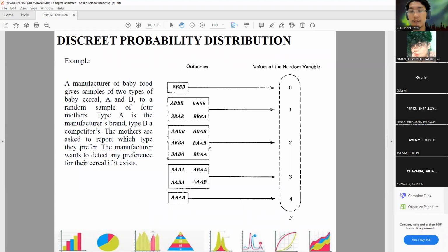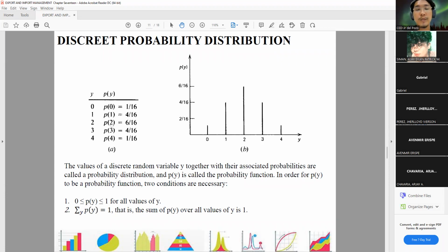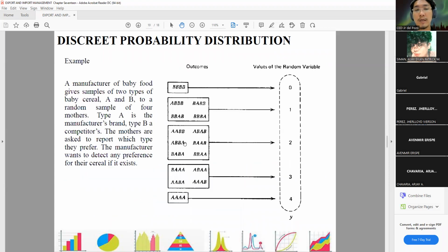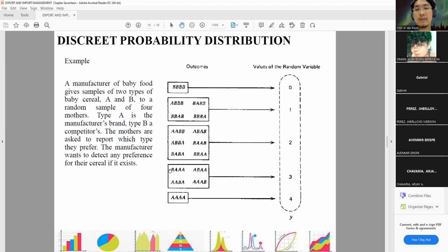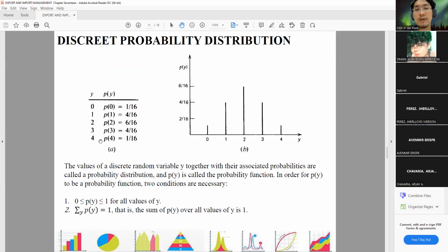For p(2), yung dalawa yung gusto ng A, 1, 2, 3, 4, 5, 6. So we have 6/16. For 3, ayan yung 3 A's, meron tayong 4/16. And then finally, lahat gusto ay A. So meron tayong 1/16. Okay? Now, if you try to add this fraction, that is 1, 5, 11, 15, 16. So 16/16 is equal to 1.